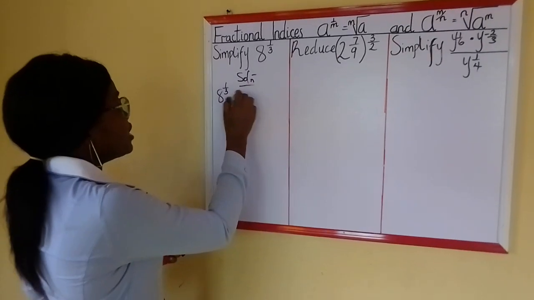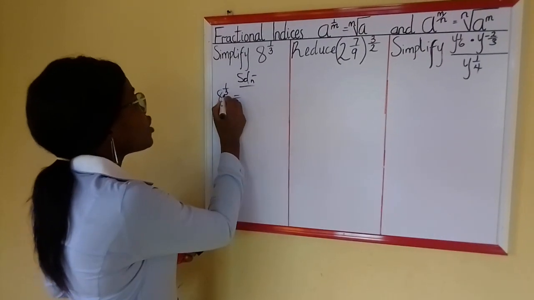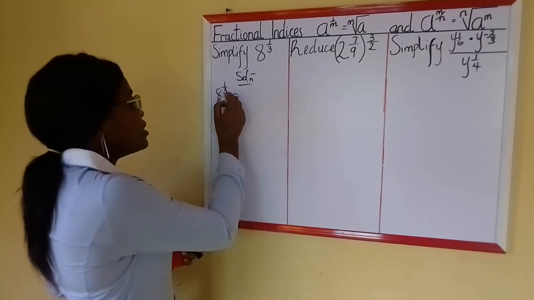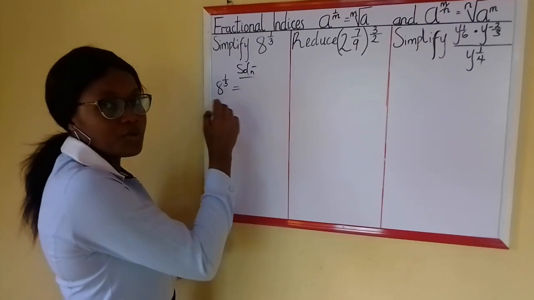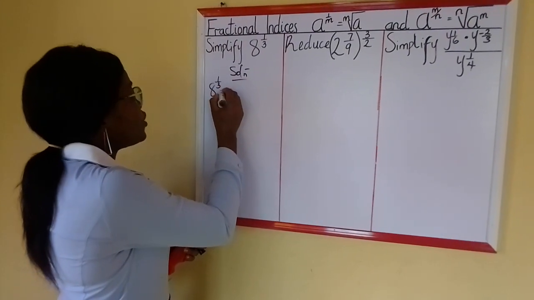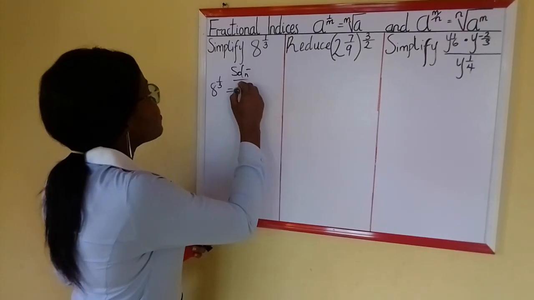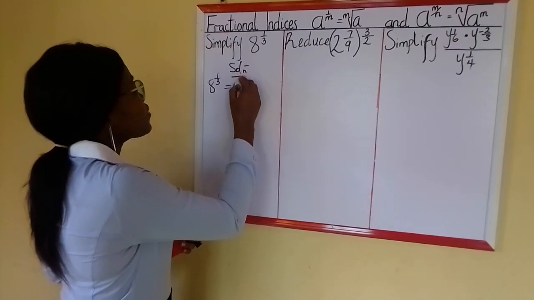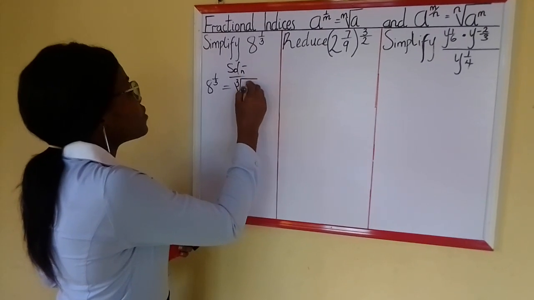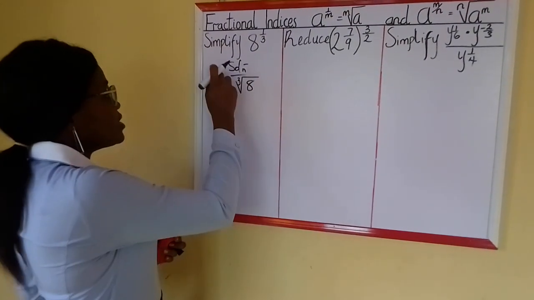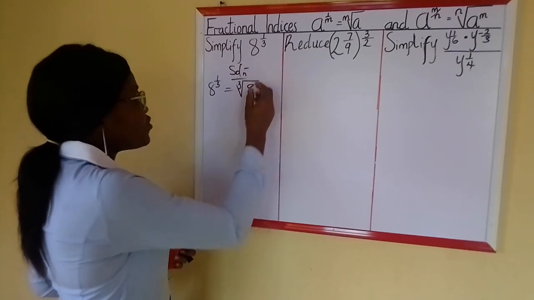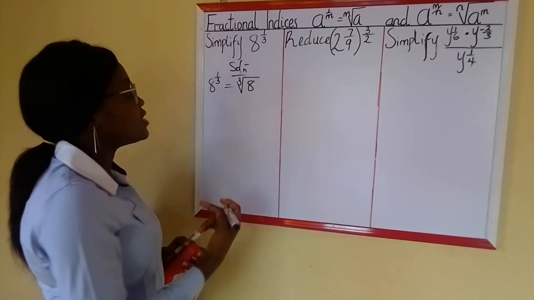Remember, the denominator is for the roots. Because we have 3, we don't call it square root, we call it cube root. So we have the cube root of 8. The numerator is 1, so it's raised to power 1, and it does not need writing.